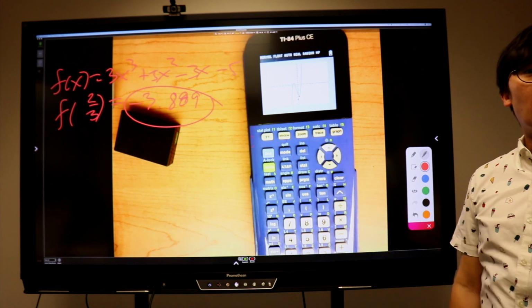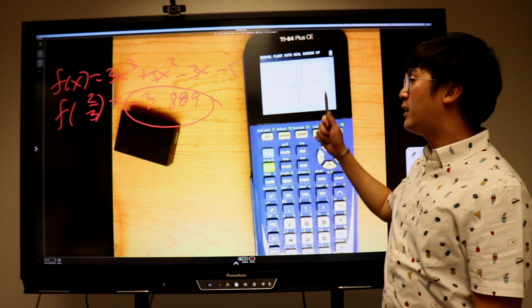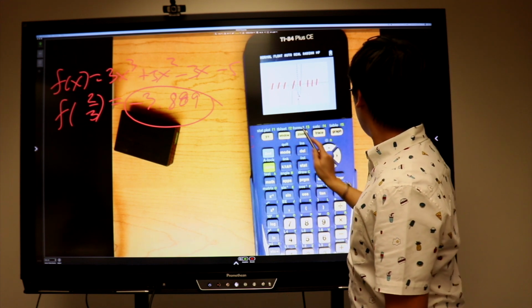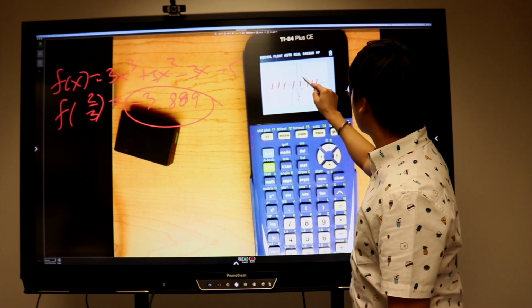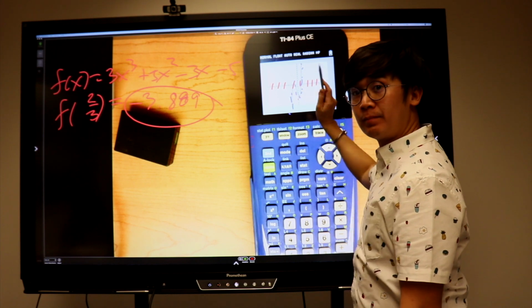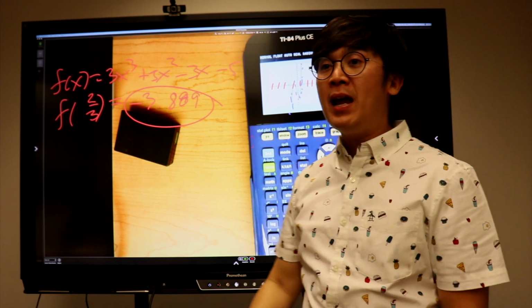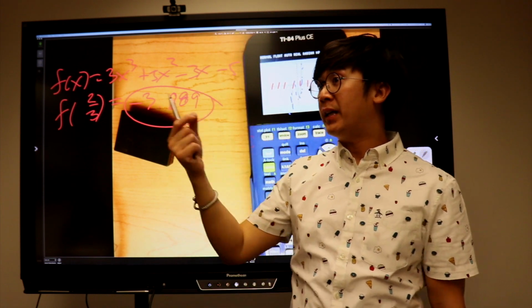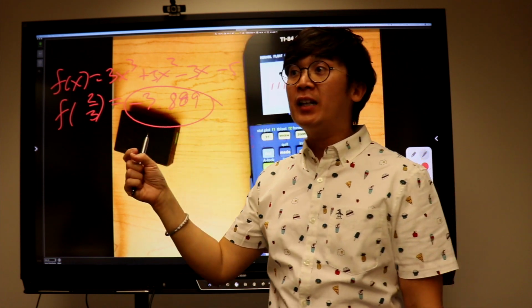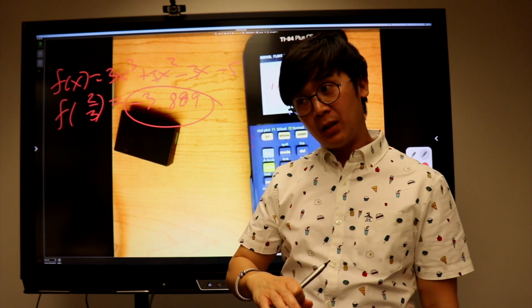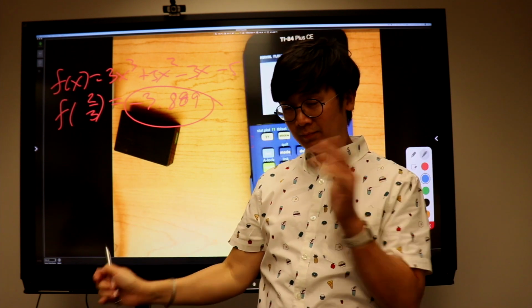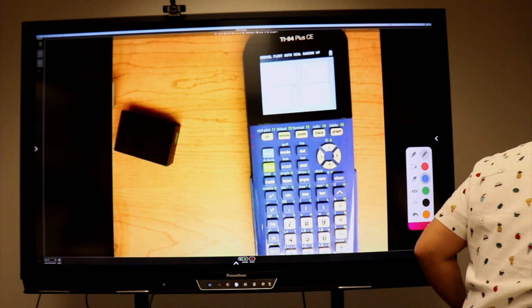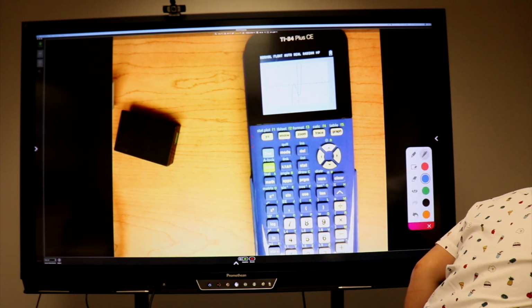This is the graph of the function, and what the calculator can do is that at any given values of x, it will give you the corresponding values of y, at any real number. It could be positive, it could be negative, it could be a fraction, it could be in decimal. Clear? Okay, because we're going to be using that in solving our limit function.